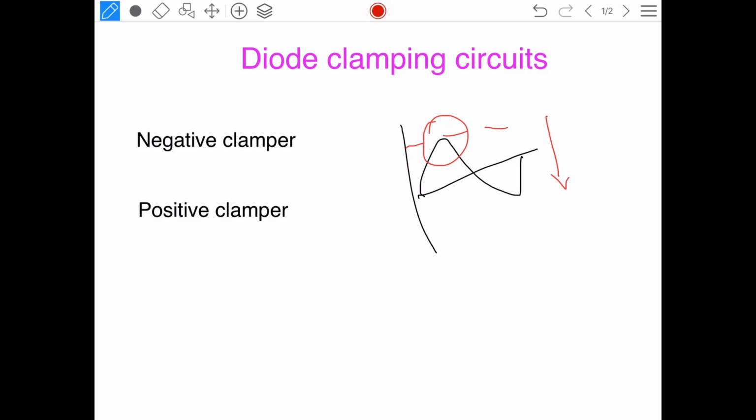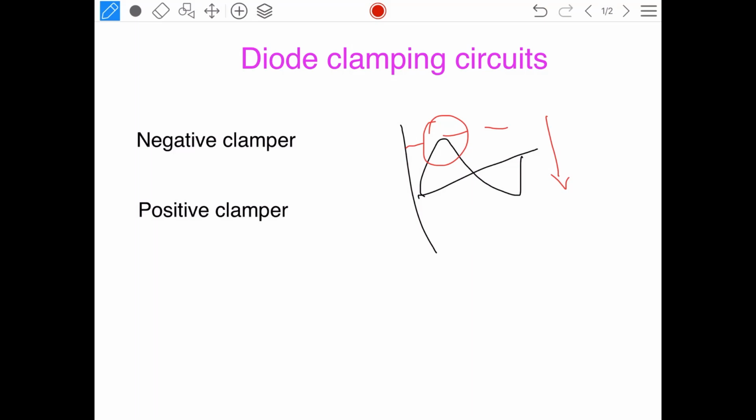So I am moving it up, so it is a positive clamping. If I have to move the waveform below, I will hold the head of the waveform, the tip of the waveform, and I will try to push it down, correct? So I am moving it downwards, negative direction, hence negative clamper. What am I holding? I am holding a positive peak, hence I will always be looking at the positive peak whenever I redraw the waveform.